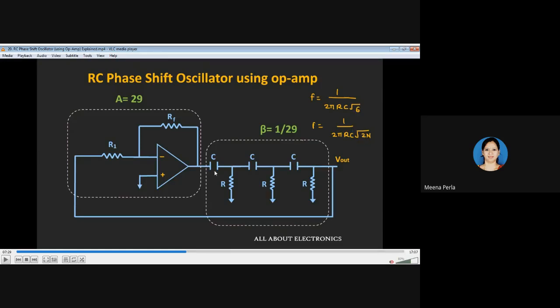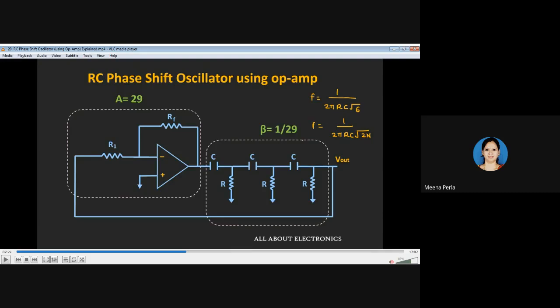But when we use a 4 RC network, your components will go on increasing and it will become bulky. In that case, the frequency f can be calculated as 1 upon 2 pi RC under root of 8, because there you have 8 components. So this is how your frequency formula will change.